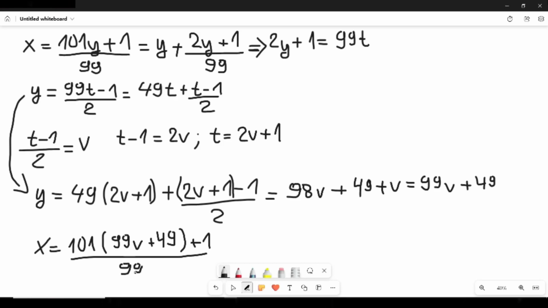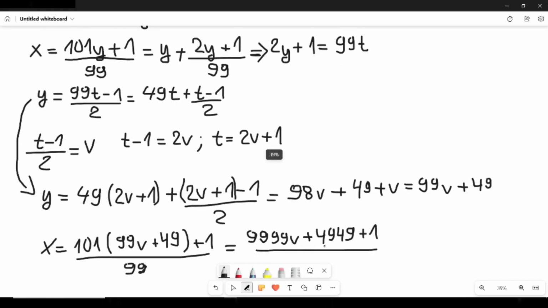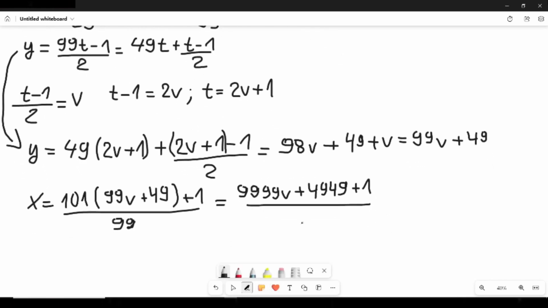As we know, this must be a whole number, so we don't have to panic. And when we unveil the brackets, we have 9,999v plus 4,949 plus 1, which is 4,950 over 99.